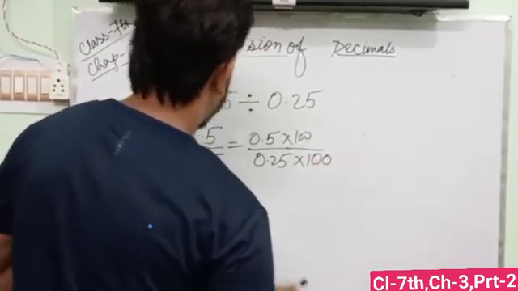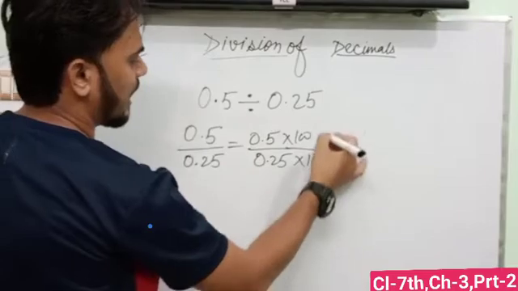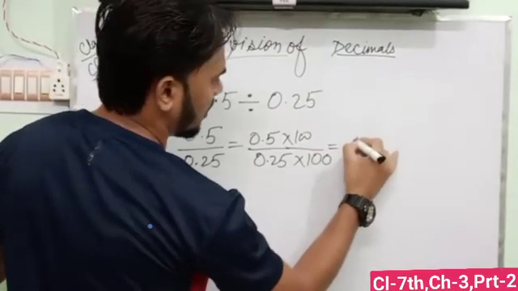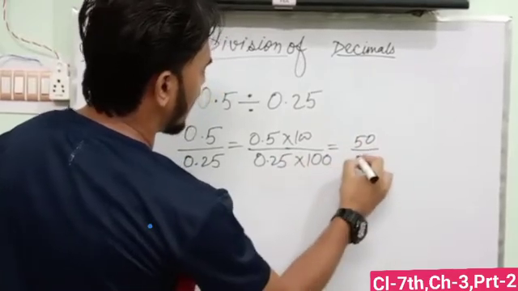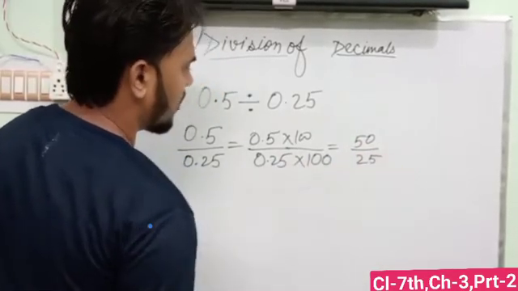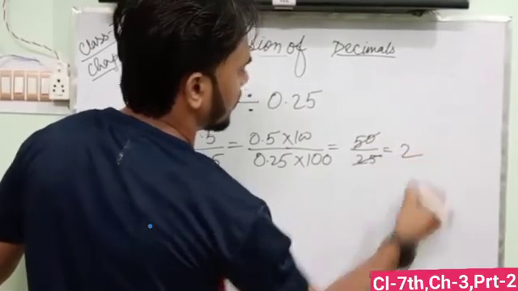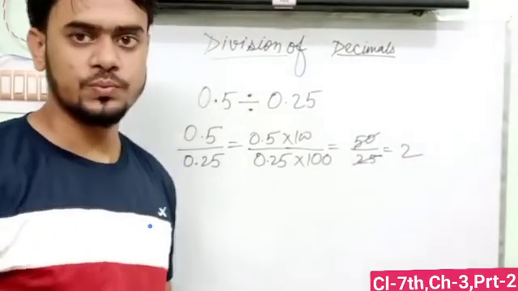So you have to multiply both by 100 to make them whole. Then you get 50 and here is 25. Now you can easily divide it. You get 2.